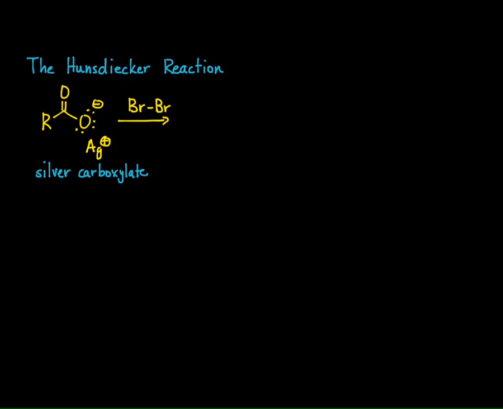In that process, the carboxylate is a nucleophile, and bromine, as we've seen, behaves as an electrophile. What we generate is called a hypobromite, where you have that oxygen with a bromine bond associated with it. And of course, we get bromide as a salt.